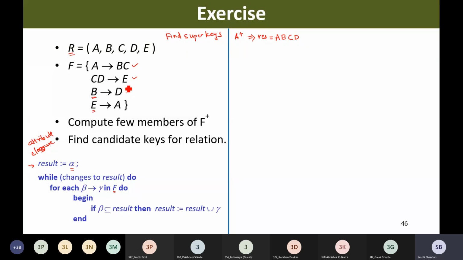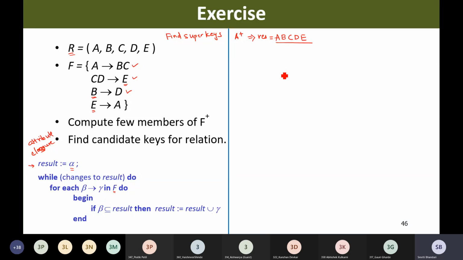So I need to take the union of the right hand side with the old result, so I'll add E here. Now I'll iterate through and find that there is no more change in my result. So I will terminate. This is my A plus.